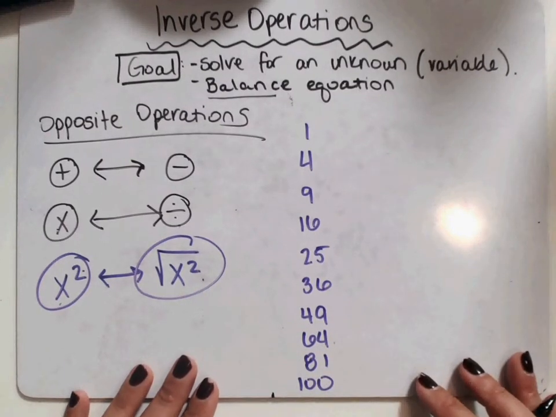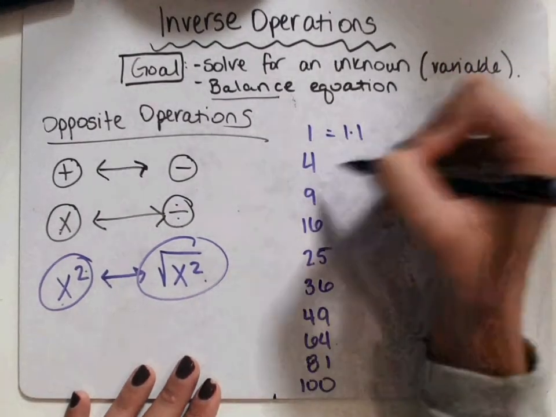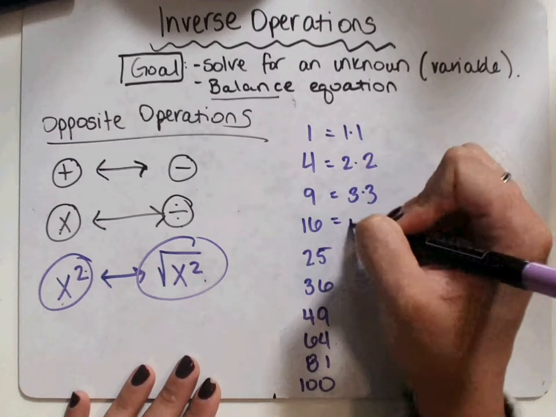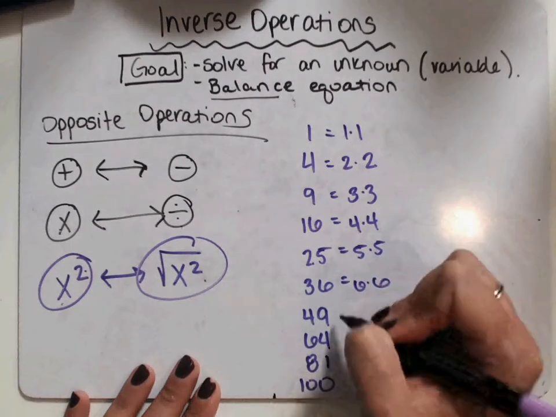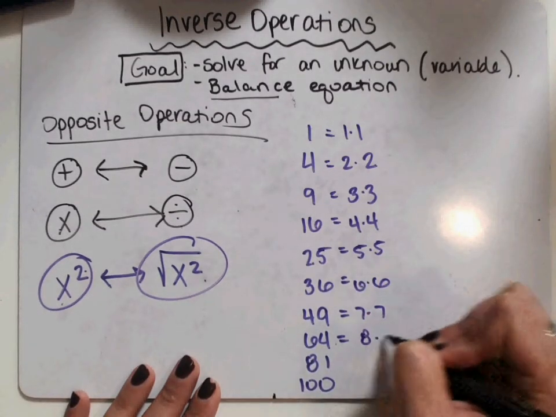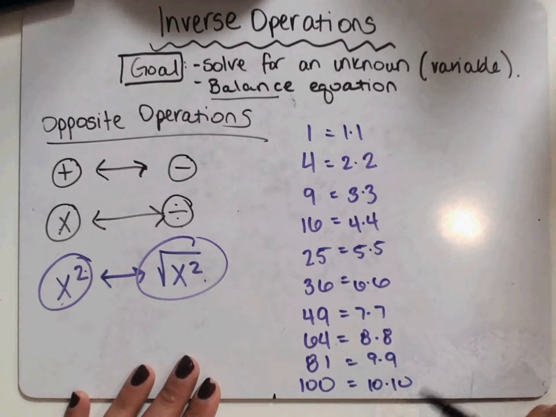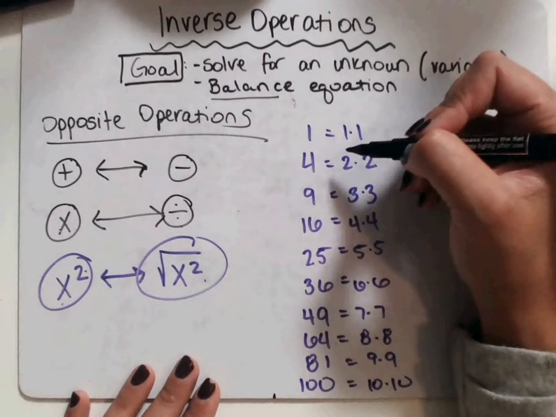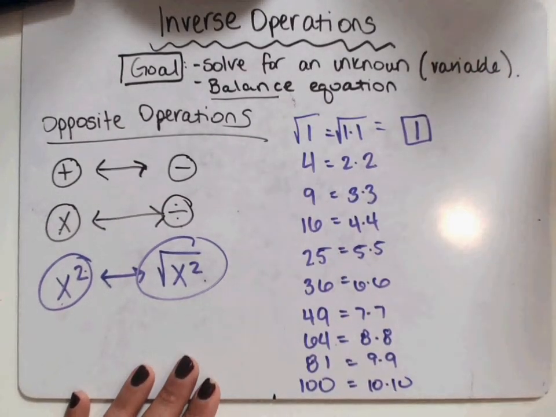These are perfect squares, meaning 1 times 1 equals 1. 2 times 2 equals 4. 3 times 3 equals 9. 4 times 4 equals 16. 5 times 5. 6 times 6. So on and so forth. These are numbers that are made by multiplying the same number by itself. So if you're given one of these numbers, if you take the square root of them, you're always going to get a perfect answer, or a round number.